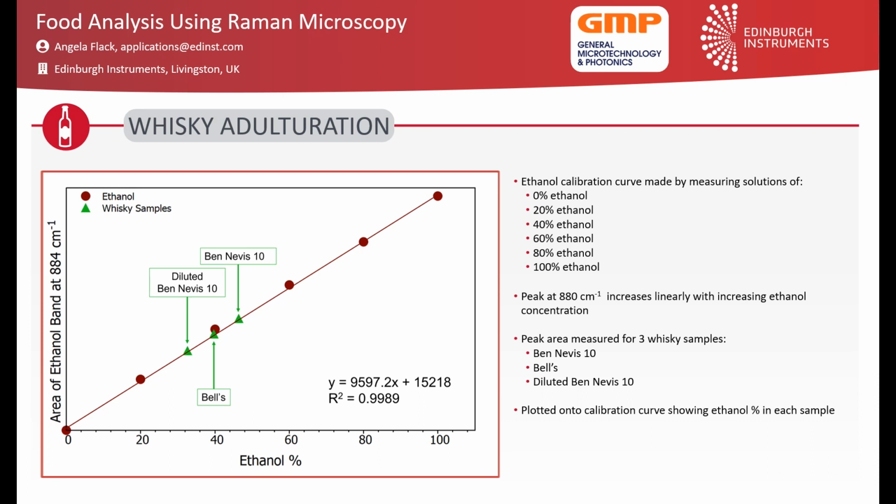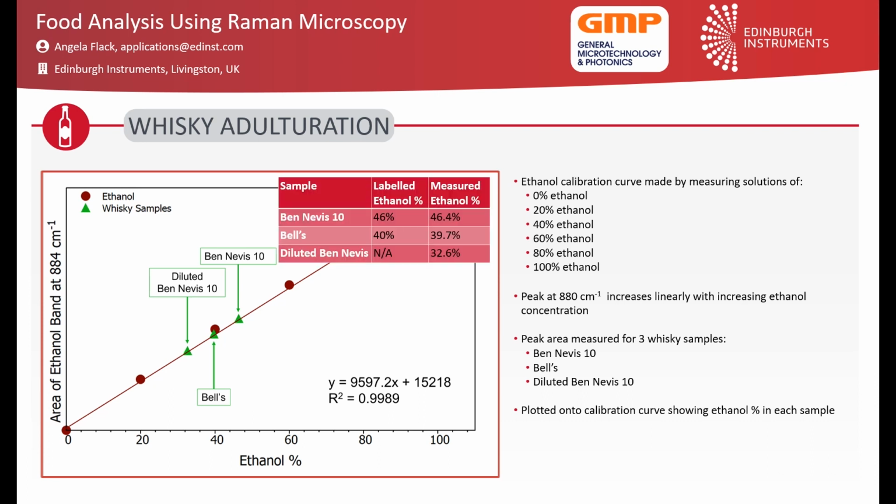The 2 that were taken directly from the bottle clearly show the correct ethanol percentage that's marked on their label. The sample which we diluted clearly has a lower ethanol percentage, and thanks to the quantitative power of Raman, we can now say it was 33% ethanol.